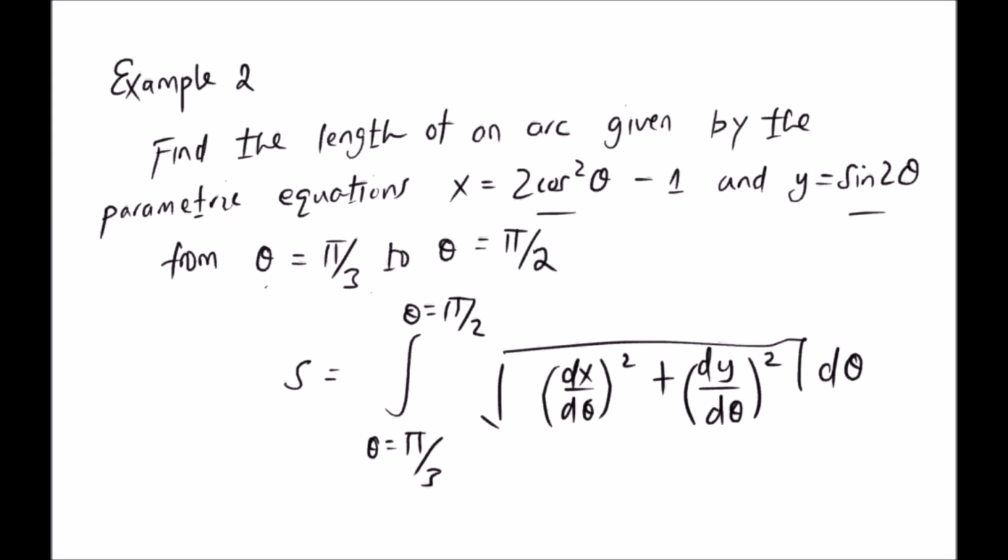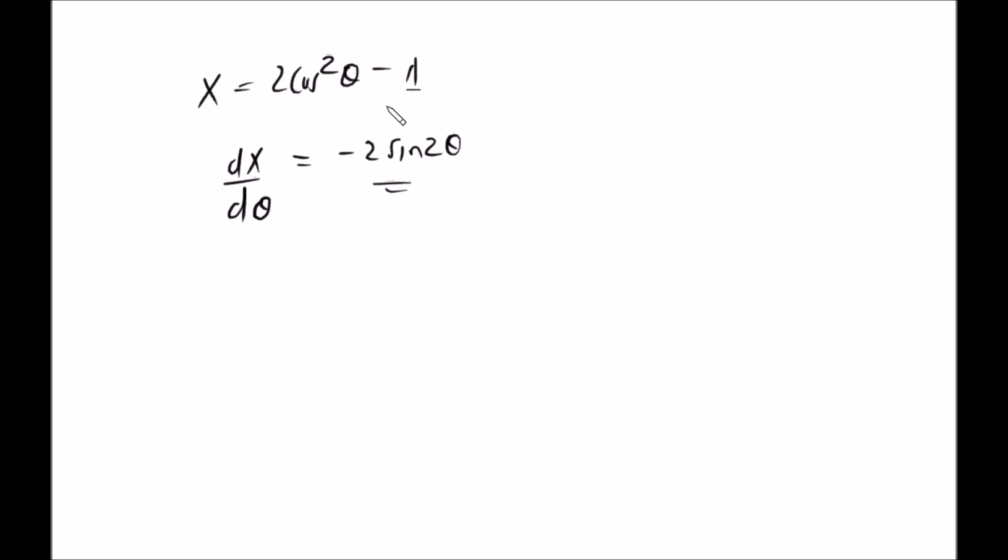So x amesema ni 2 cos squared theta minus 1. So ukitafuta dx d theta hapo utapata ni negative 2 sin 2 theta. Itaifanya mwenyewe hii derivative, because this tutorial was not created to teach the differentiation but to teach length of an arc.